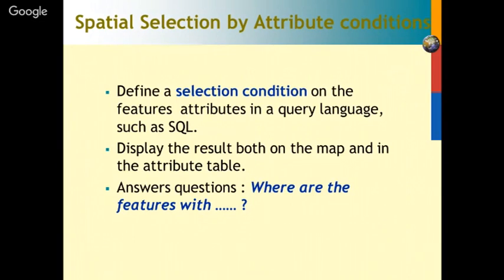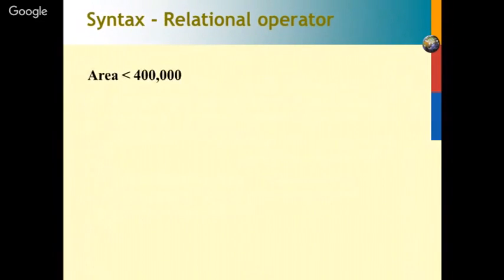A spatial database management system has to have those spatial functions built in as part of any query analysis, and it also needs to be in alignment with the normal SQL languages which we use.